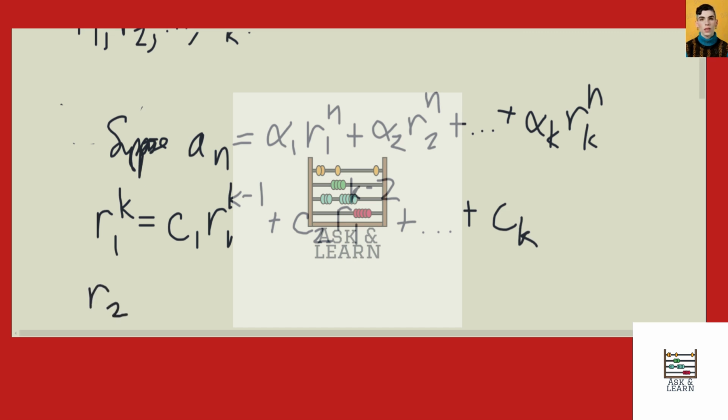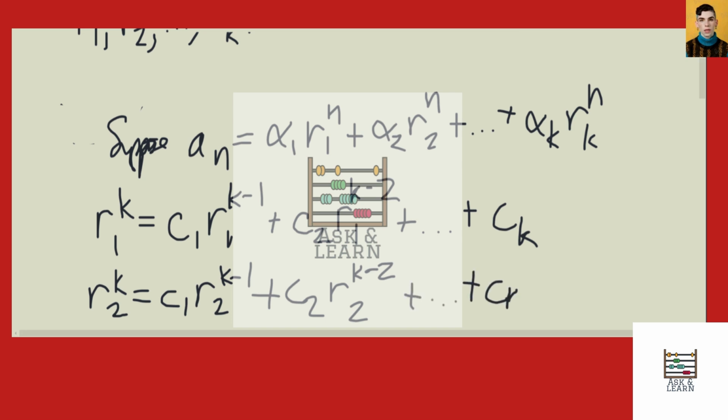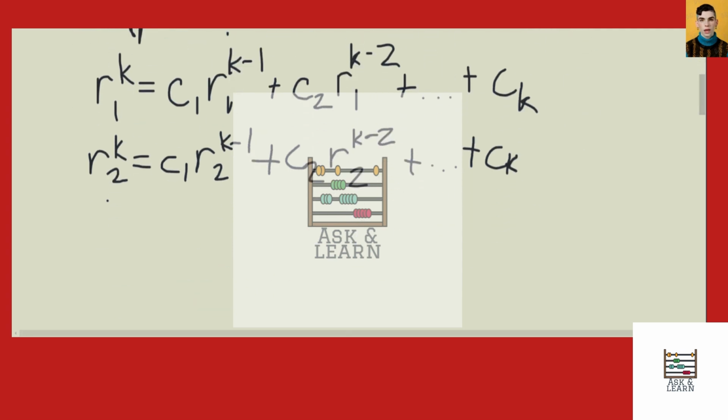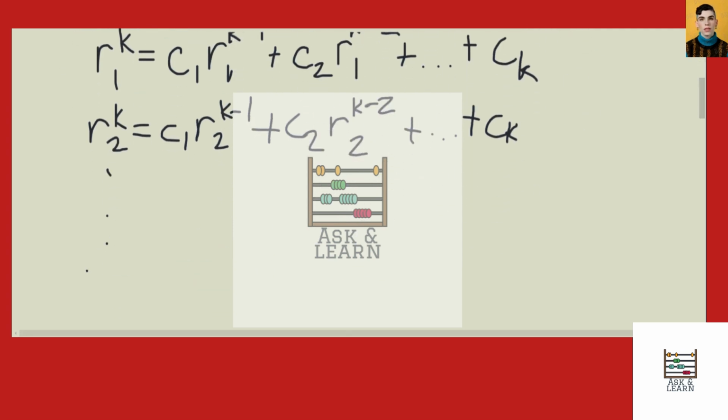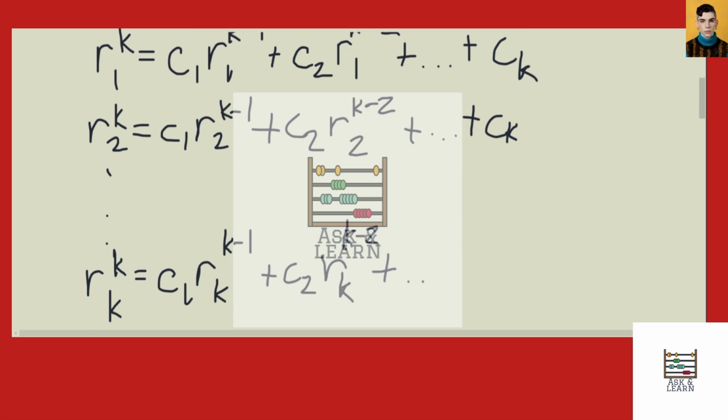Likewise, r2 to the k is equal to c1 r2 to the k minus 1 plus c2 r2 to the k minus 2 all the way out to ck again. And in general, this is true all the way up to rk to the kth power, which is equal to c1 rk to the k minus 1 plus c2 rk to the k minus 2 all the way out to ck.